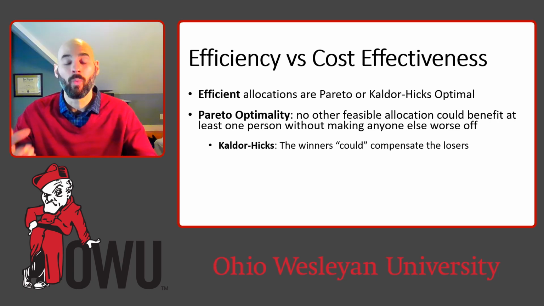But if we take $1 away from Jeff Bezos and give it to somebody else who has nothing, we would typically think of that as being a good thing. However, that is not a Pareto improvement, because we'd be making Jeff Bezos worse off.